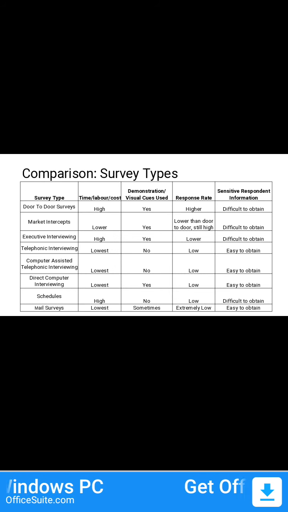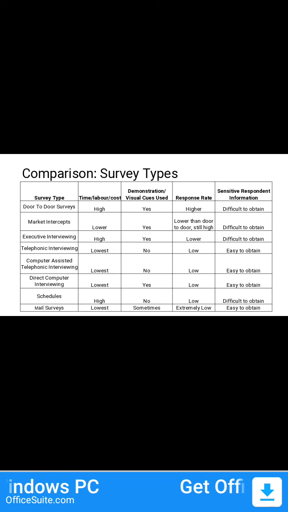Is this okay? Now we are moving on to the fourth criteria. Again, this is the exact opposite of response rate. See, please understand, if there is face to face interaction, the respondent is less likely to disclose sensitive information. On the other hand, if there is no face to face interaction between the researcher and the respondent, the likelihood of the respondent answering even the sensitive questions is much higher.